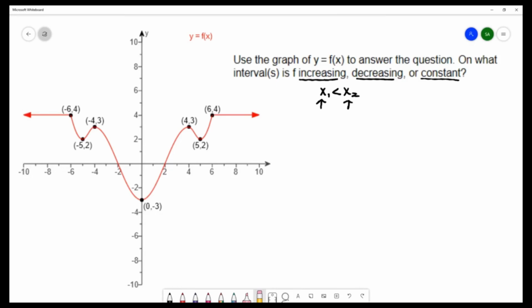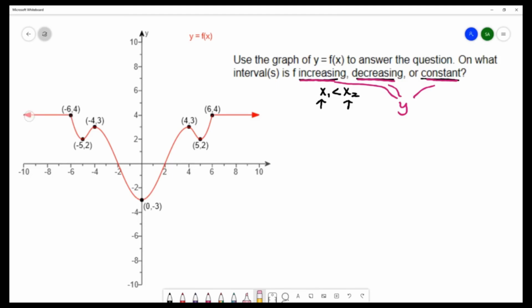And as I trace over this graph, what I'm going to pay attention to is the y values. These words of increasing, decreasing, and constant, these are words that are describing the y. So as I trace through this graph, I can see that along this path, the y's are constant, they're not changing.